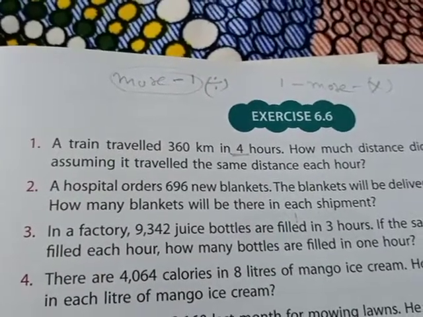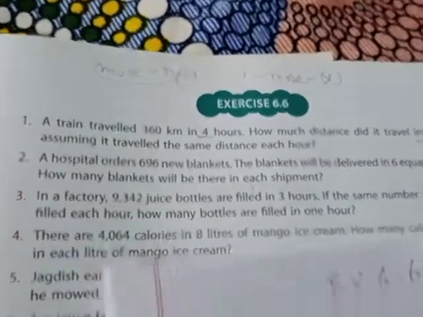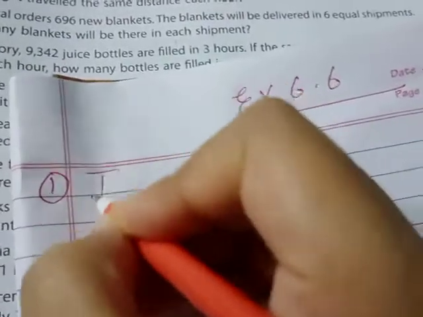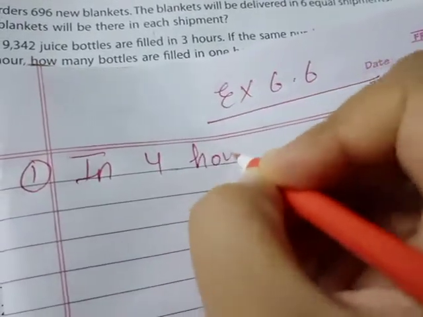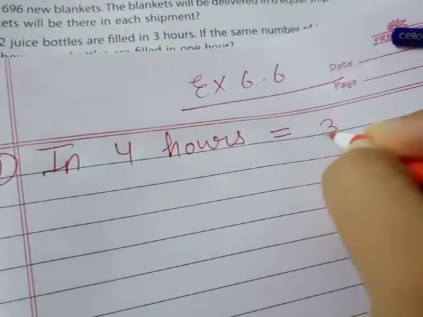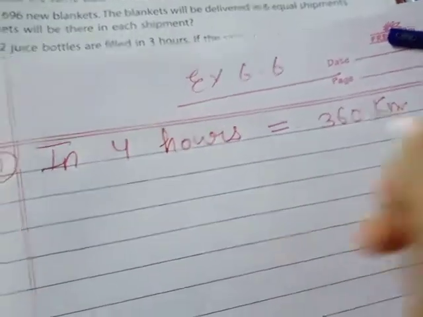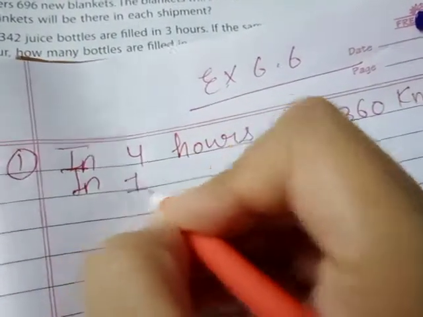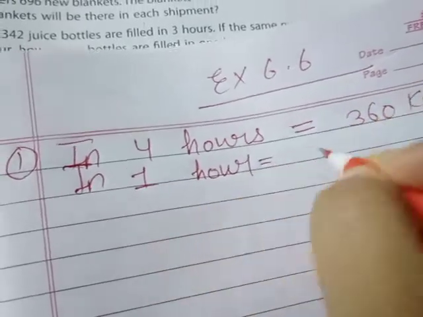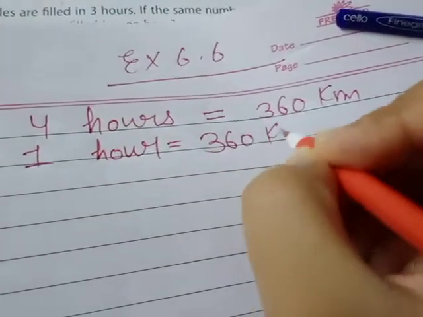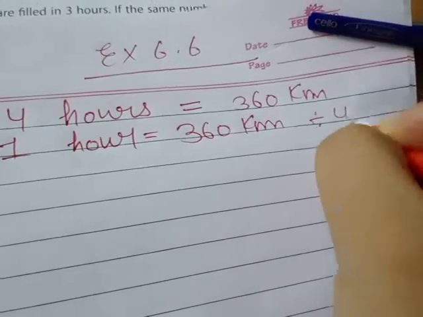So how to solve the question? First of all, in 4 hours 360 kilometers, so in 1 hour 360 kilometers divided by 4.